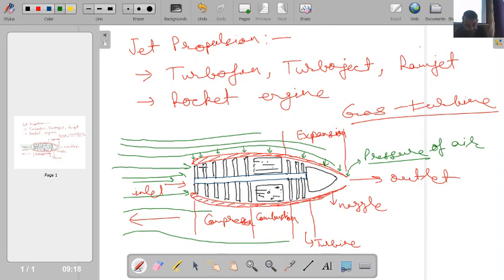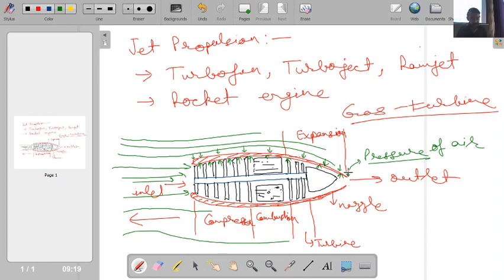Obviously whatever this inside fluid is, that will also apply certain pressure on this. Is this point clear? It means this pressure of the fluid is applying forces on the body of the aeroplane. Obviously this will give us the resultant force, and that resultant force will contribute to the thrust to propel the aircraft. Is this point clear?